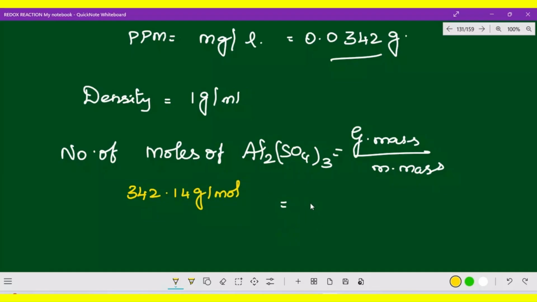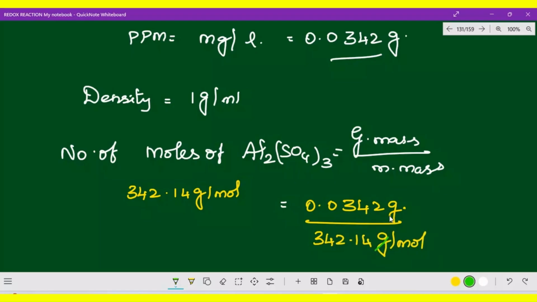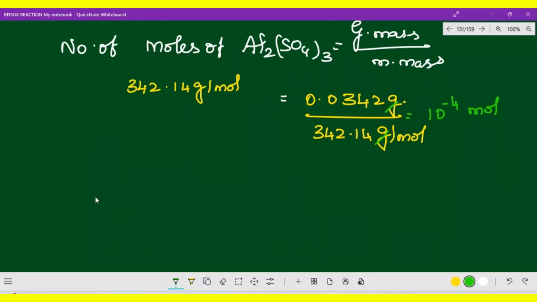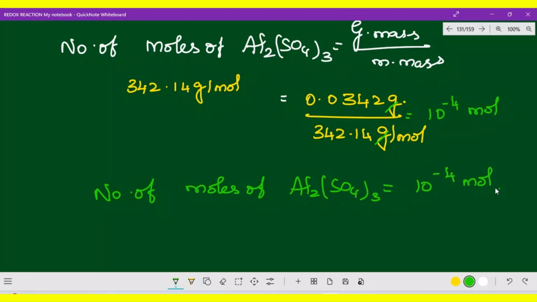Now apply the values here: 0.0342 gram divided by 342.14 gram per mole. Gram will be cancelled, so you will get 10 to the power of minus 4 mole. So the number of moles of Al2(SO4)3 equals 10 to the power of minus 4 mole. I hope you got that idea.